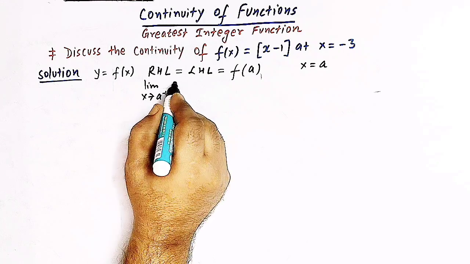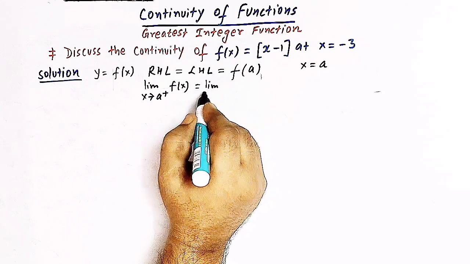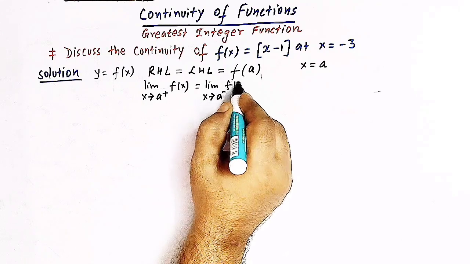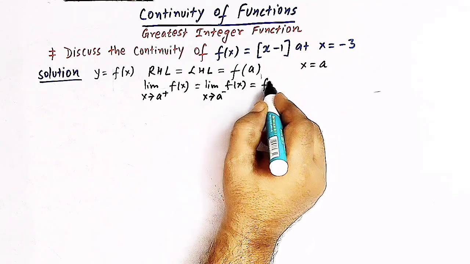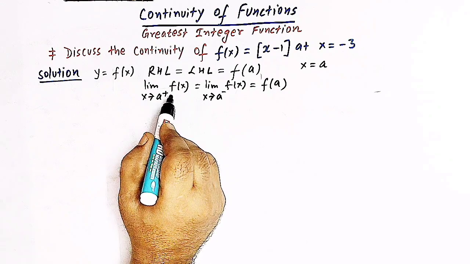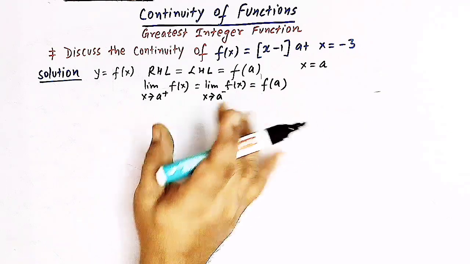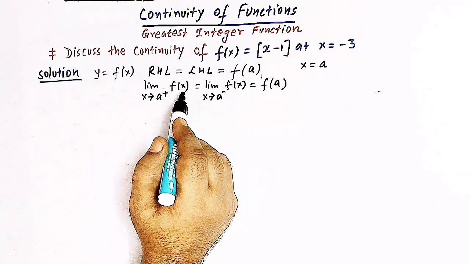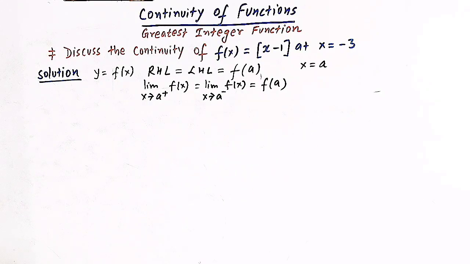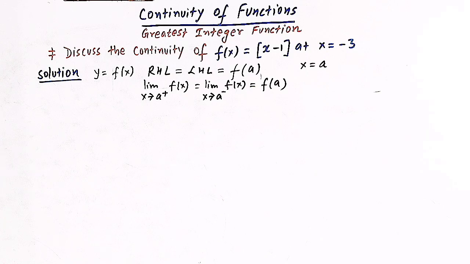Here we put a positive sign. The left hand limit has the notation limit x tends to a minus, where we put a negative sign, of f of x, and this is equal to f of a. So in this problem we'll find the right hand limit, then the left hand limit, then f of a, and then see whether these three quantities exist, are finite, and are equal to each other or not.